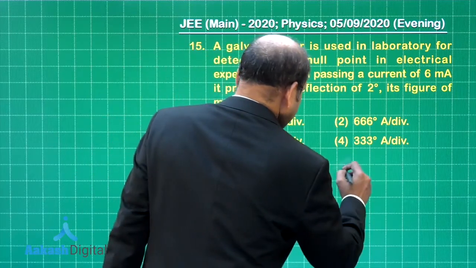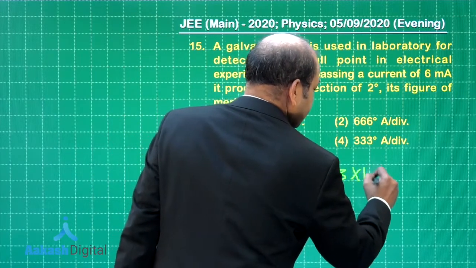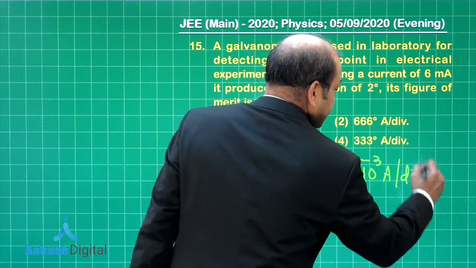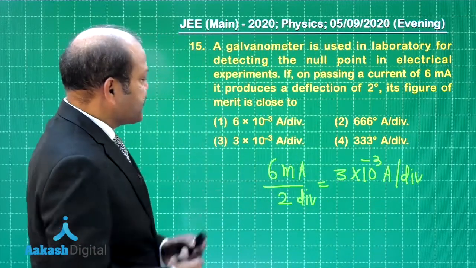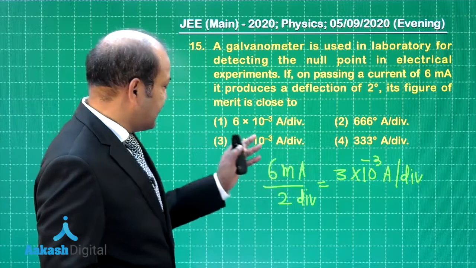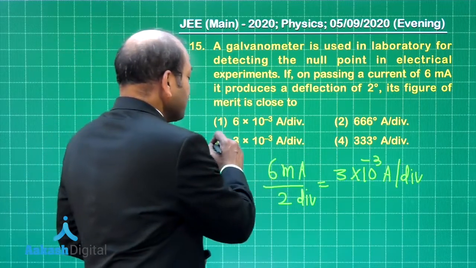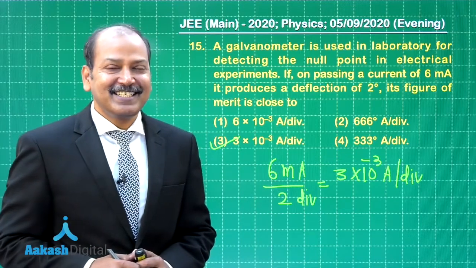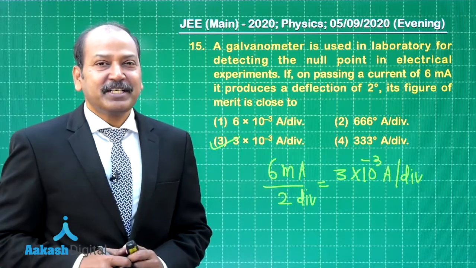If we look at the options, it is clearly matching with option 3. So option 3 is correct as far as question 15 is concerned. Let us go to question number 16 now.